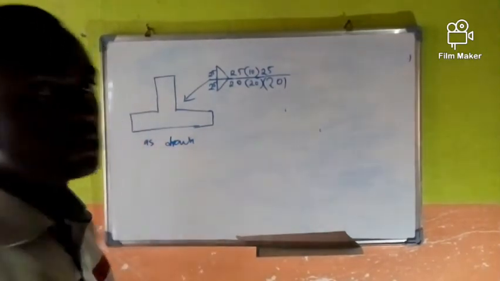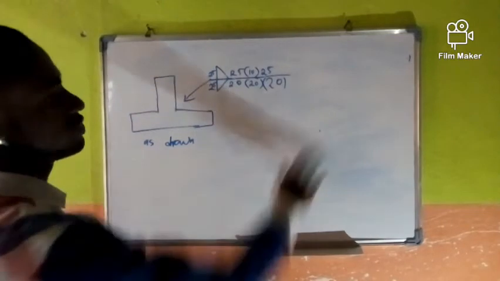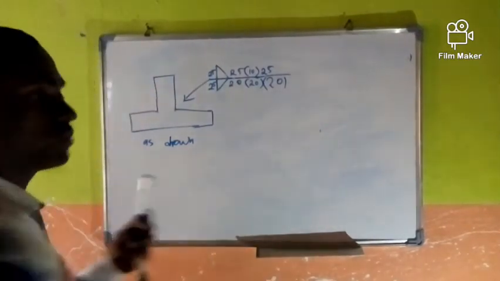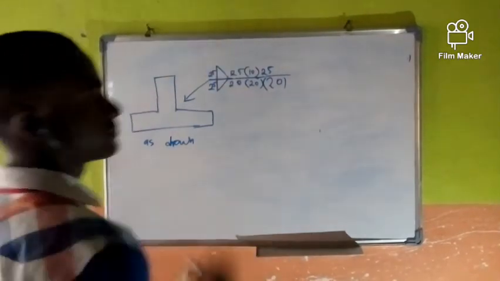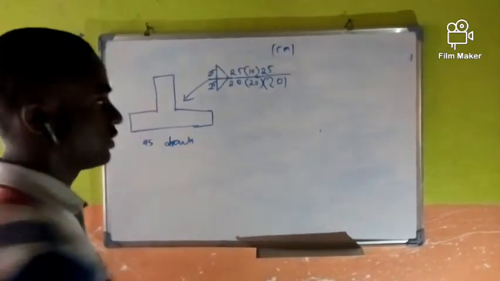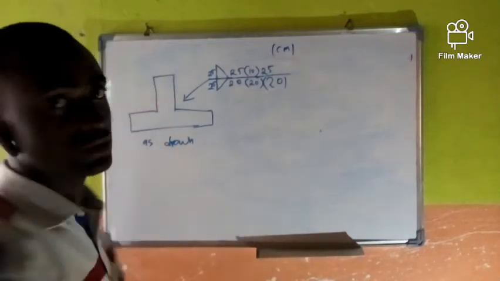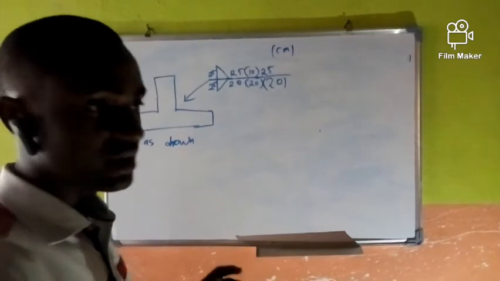Now we are not drawing to scale. We are not using dimensions here. We are just using a freehand drawing, so you assume it as that. But while you're carrying out your own work, you should make sure that these numbers, which are in cm, are taken care of. Your ruling and your dimensioning should be accurate. Don't mind what we are doing here, it is just a freehand sketch.